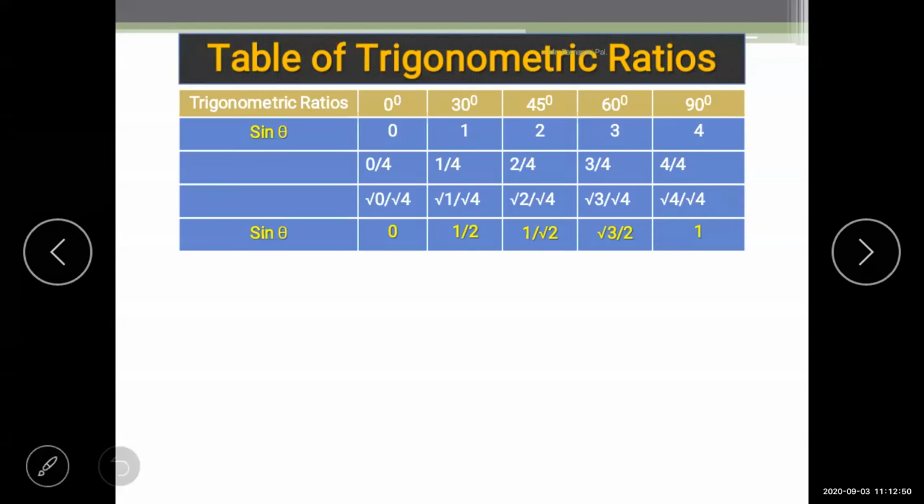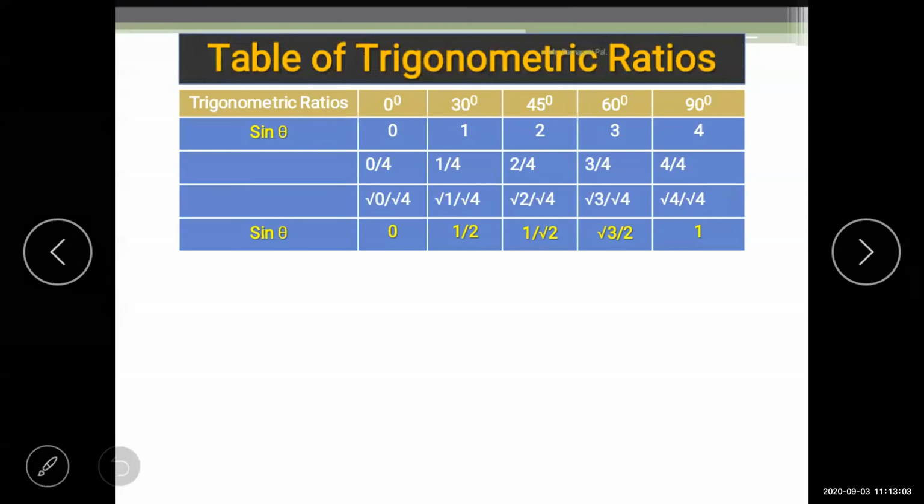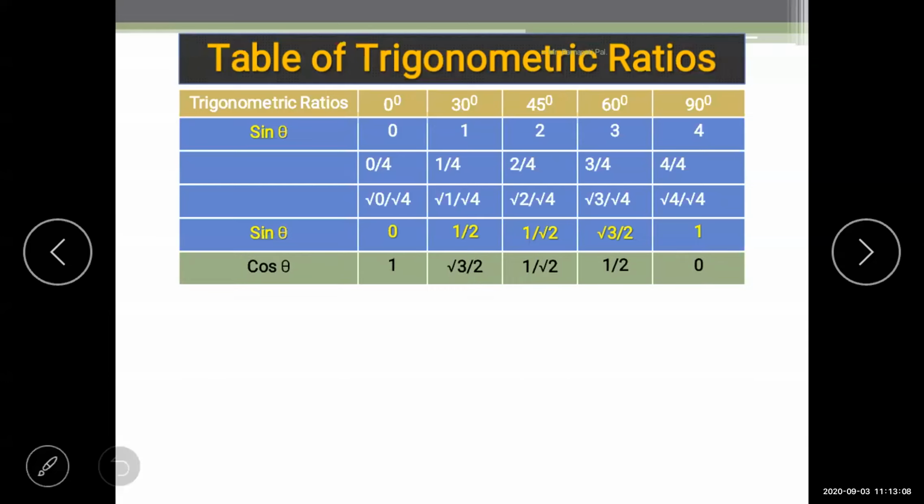Okay, very good. So let's see how we will find the cos theta. Now, when we are finding the cos theta, do one thing. Reverse that sine theta. Means here it is 1, then put here 1. So what is next? Root 3 upon 2, so take root 3 upon 2 in the second position.